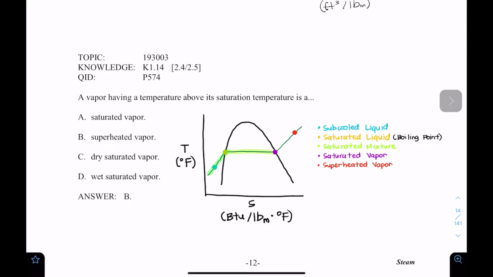I'm gonna come to a saturated condition. This is saturated liquid. This is my boiling point. Then this line is gonna be my saturated mixture part. This is where my quality is gonna change from 0 to 100. This is my saturated vapor point. And then here is gonna be superheated vapor. So that's what I'm gonna start having there.